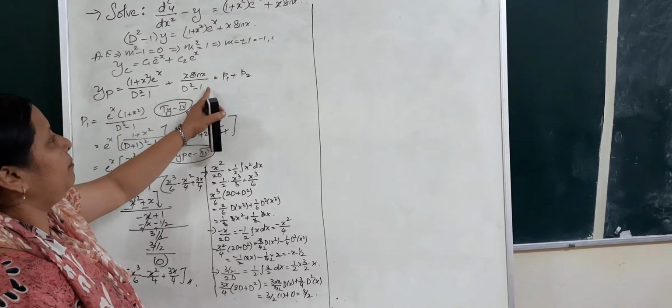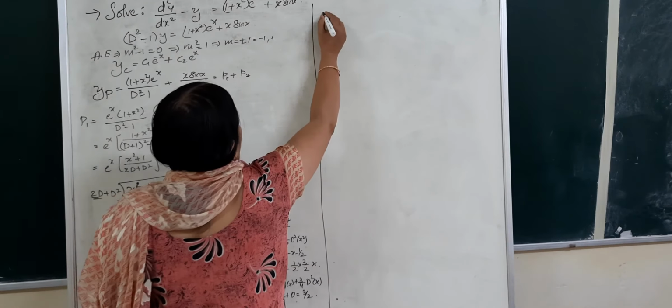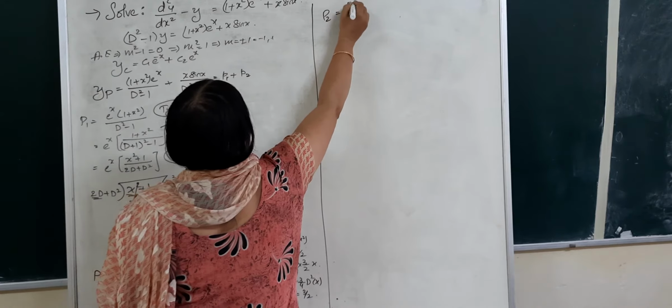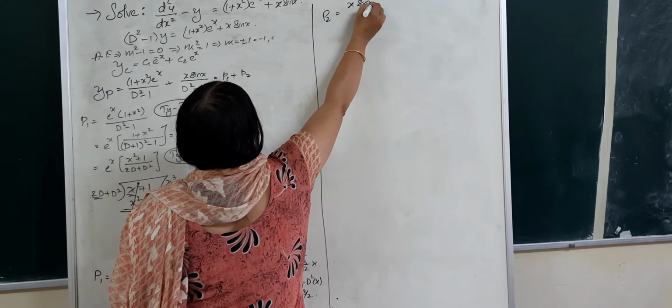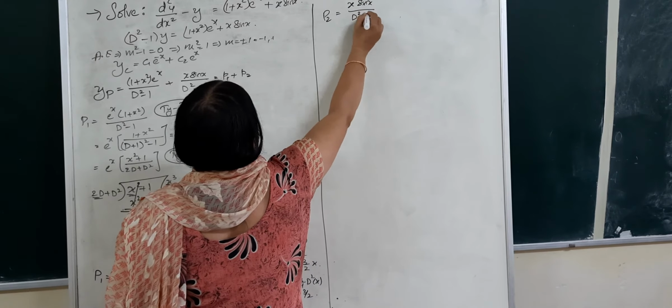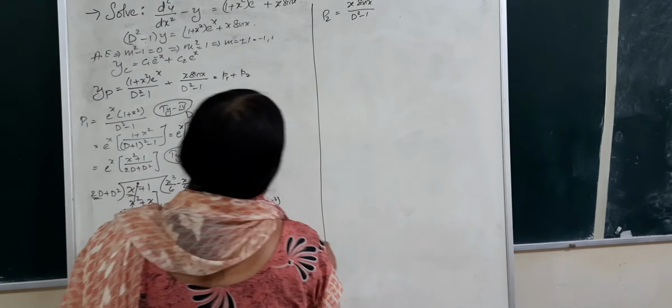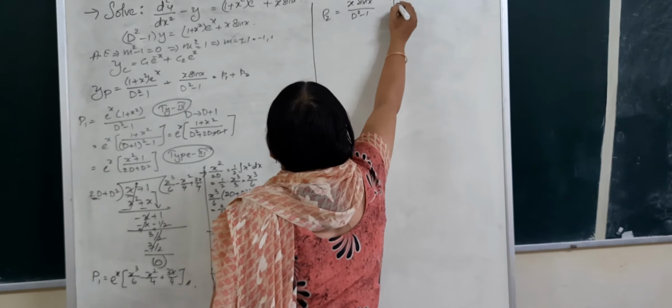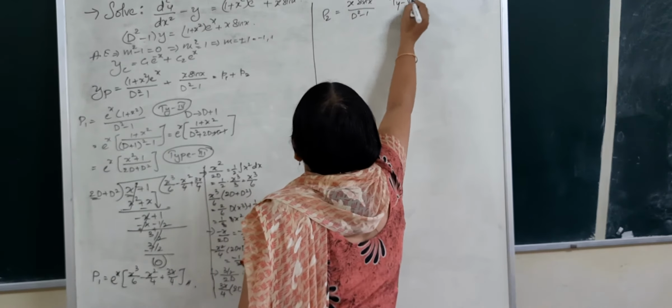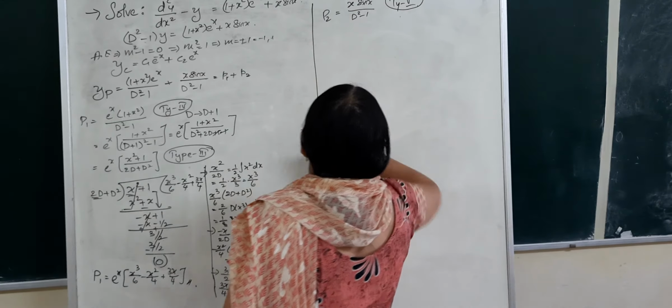Now coming to the second part, even the second part is having the product of two functions, that is x sin x divided by D square minus 1, and this comes under type 5. What is type 5?